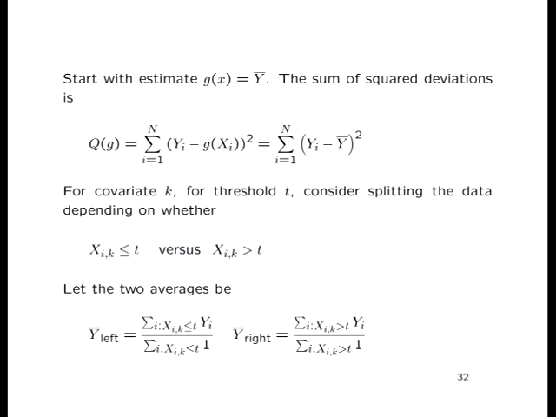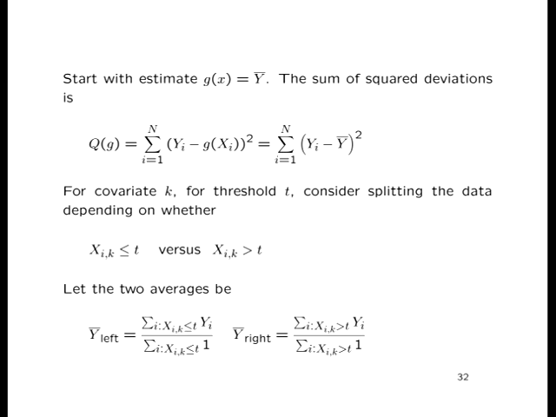Then the objective function is the sum of squared deviations from the estimated regression function. So in this case, the sum of squared deviations from the mean. Then for each of the capital K covariates, for each value in the support of each of these covariates, you could imagine splitting the data.